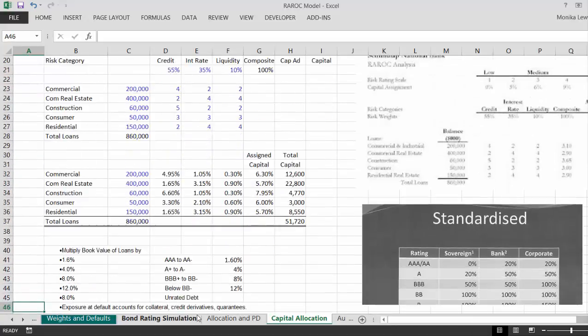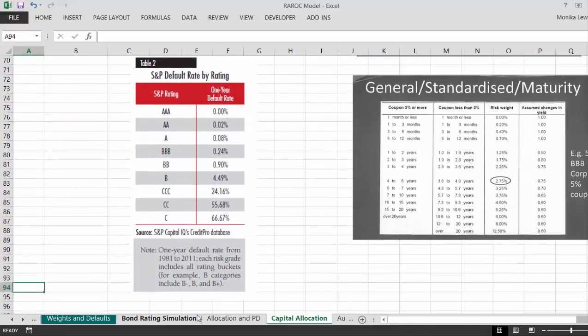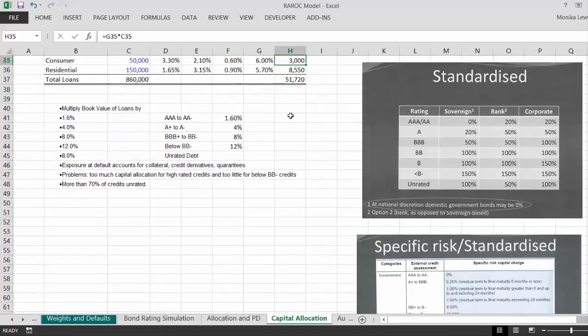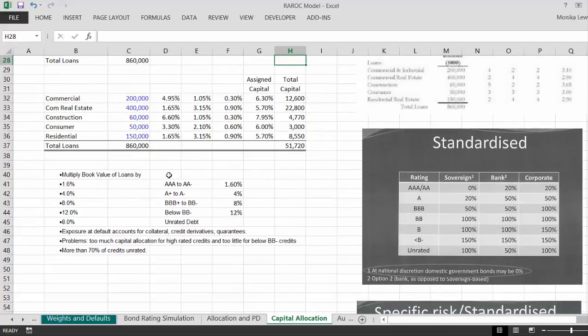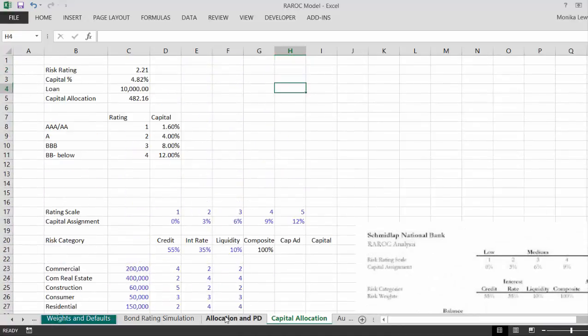It just goes through the standardized risk ratings. This is government, this is investment grade. This is what I understand the criteria for capital for different kinds of loans to be. Okay. Let me put that in.